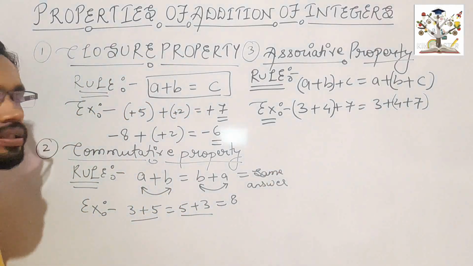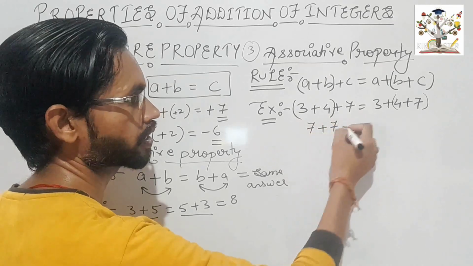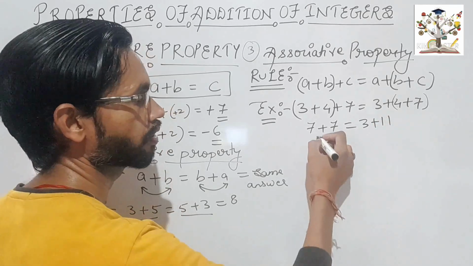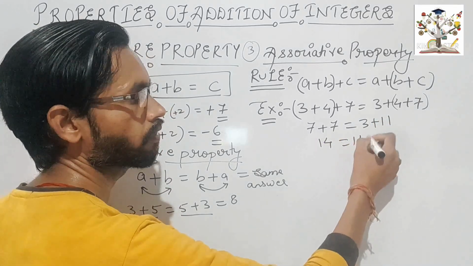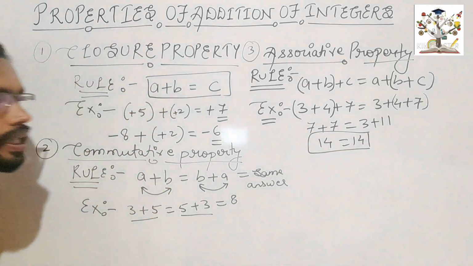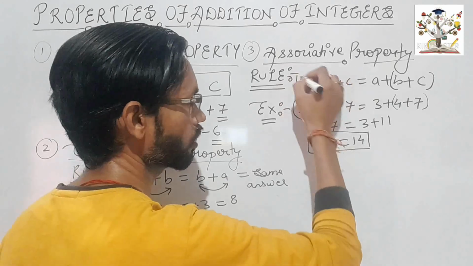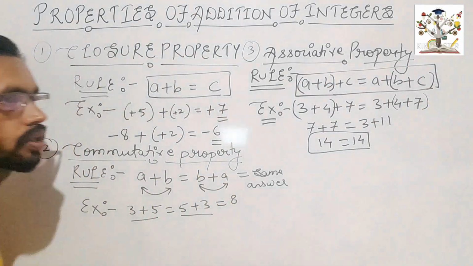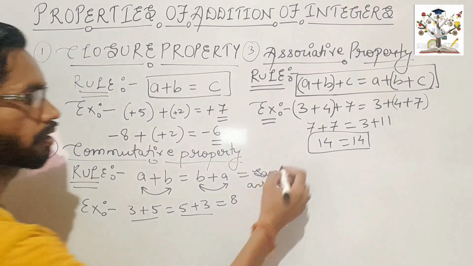Let's solve this. 3 plus 4 will be 7, 7 plus 7 will be 14. 4 plus 7 will be 11, and 3 plus 11 will be 14. That means in both cases I'll get the same answer. So associative property says that if you take two integers in a bracket and add the third one next, you will get the same answer.